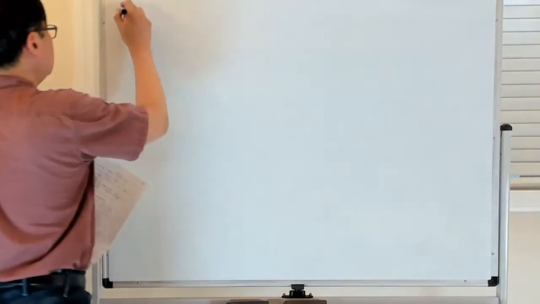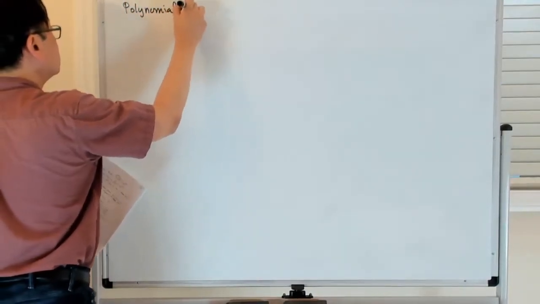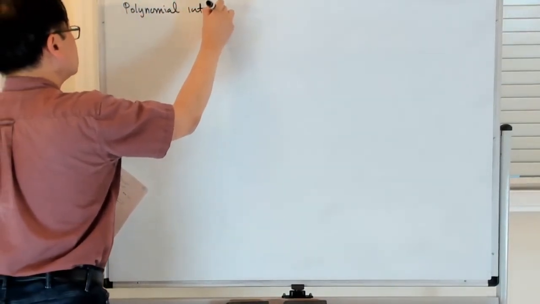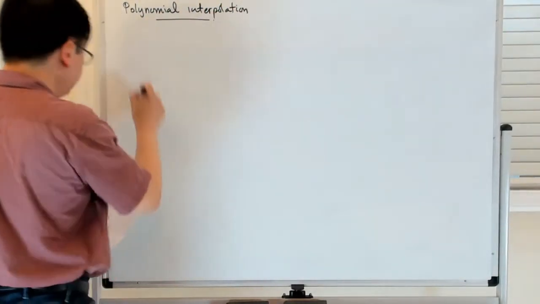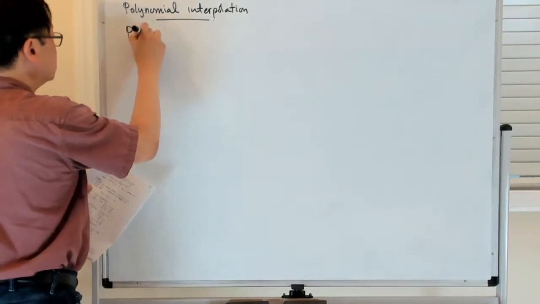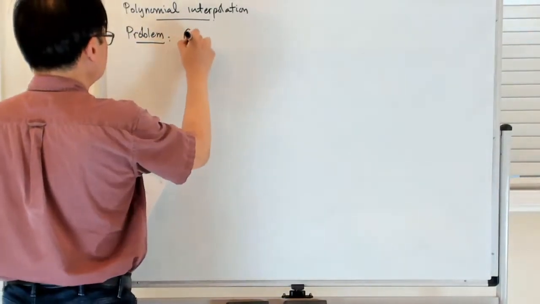Okay, so now let me talk about polynomial interpolation. And let me state the problem as follows. I'm given n plus 1 distinct points.